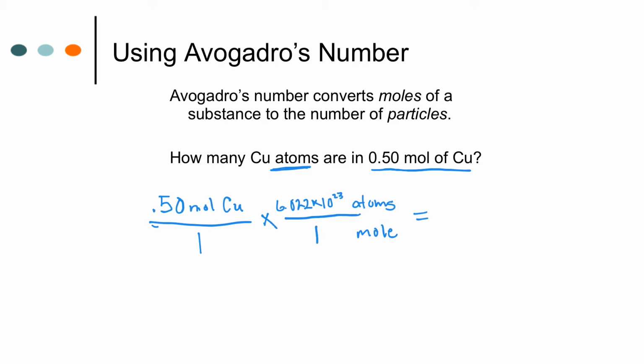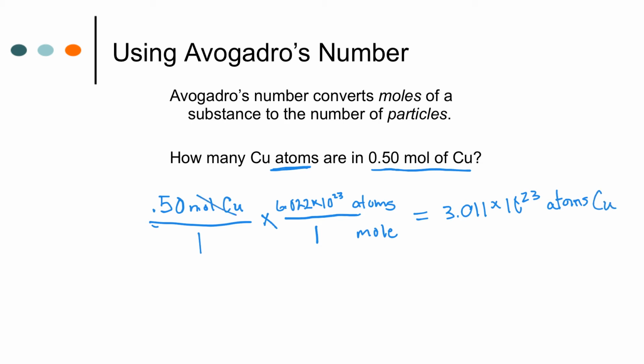And so if we do the math, we're just multiplying 0.5 times 6.022 times 10 to the 23rd, and we would get 3.011 times 10 to the 23rd atoms, right, of copper.